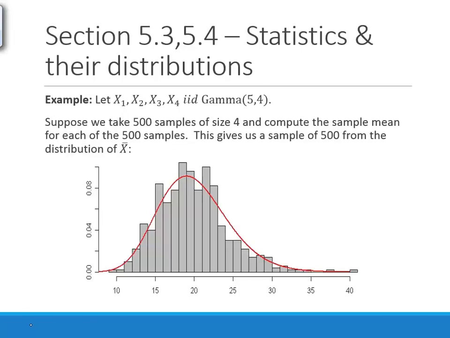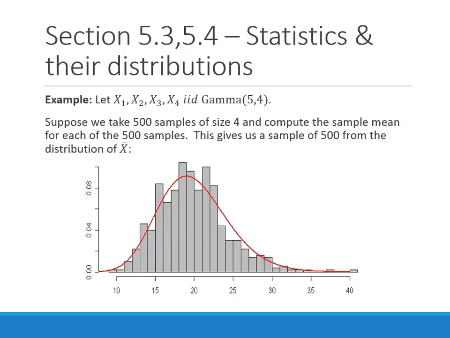Okay, and suppose now that I take 500 samples of size 4. So each one of these things has a gamma distribution, so I can just draw 500 samples. So for each one, I have 4 numbers, and then I calculate the sample mean for each one of those samples. So I take 500 samples of size 4.